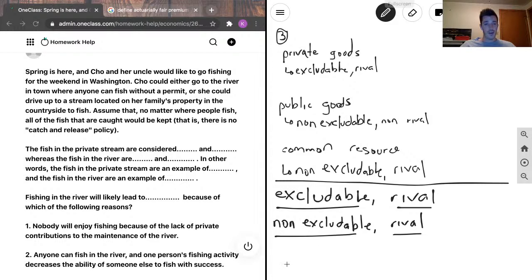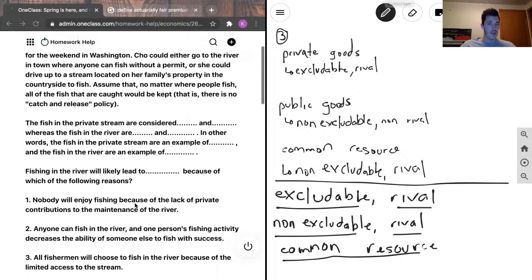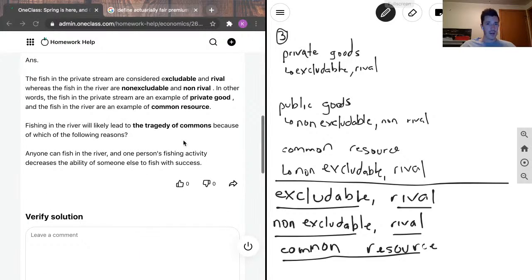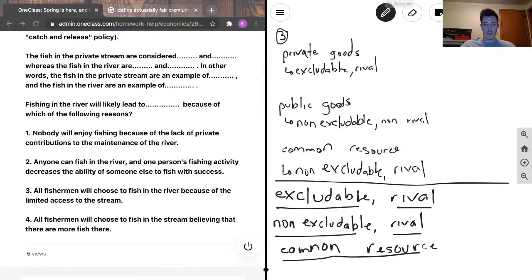So therefore, the fish in the river are going to be an example of a common resource. And fishing in the river will likely lead to, I think, tragedy of the commons is what they're getting at. Yes, tragedy of the commons.